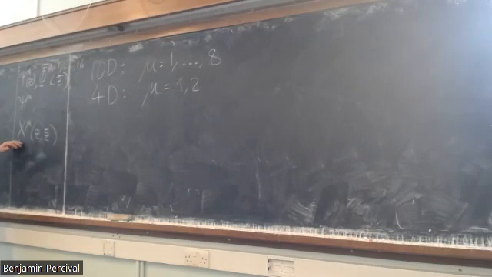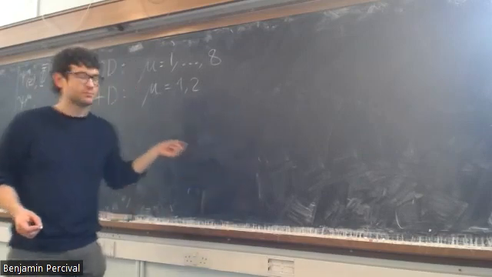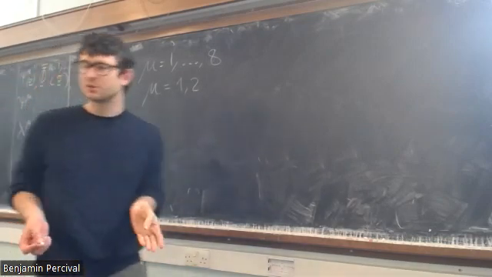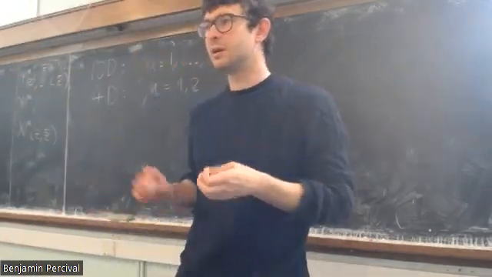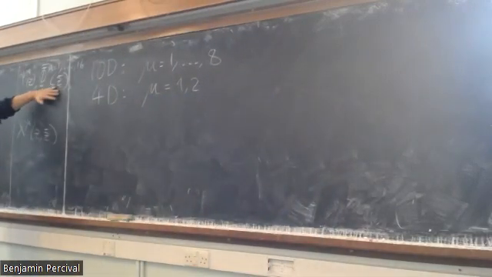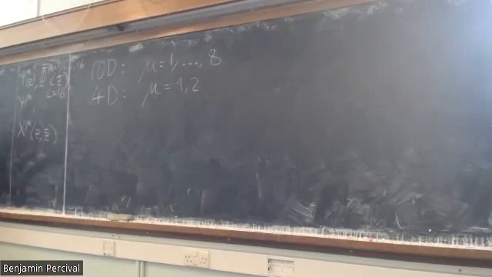But the thing is, if you remember when we talked about these fields here, the key thing was that we had to cancel the conformal anomaly. That was why we needed these 16 components here, because the 16 gauge fields created a c equals 16 conformal algebra.